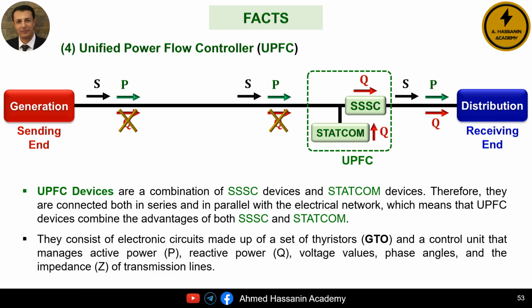And of course, we all know that the STATCOM is connected in parallel with the network, while the SSSC is connected in series with the network. Therefore, we understand from this that the UPFC is connected both in series and in parallel with the network. Naturally, this means that this device incorporates the advantages of both of these devices.